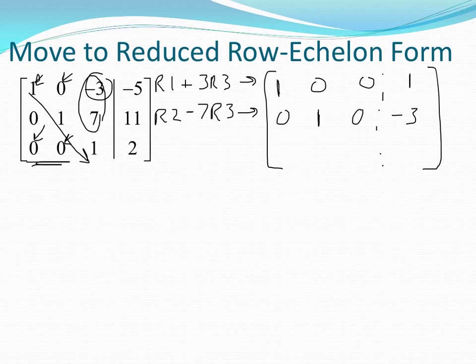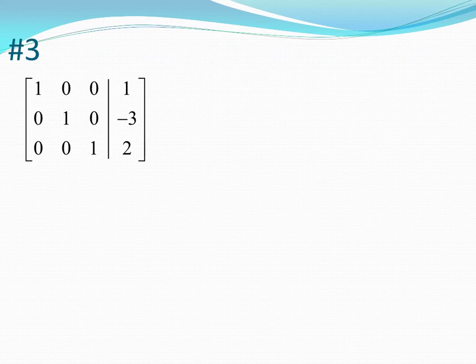The third row will remain the same, 0, 0, 1, and 2. Notice that our matrix is now in row echelon form. Given this matrix in row echelon form, go ahead and enter the values for x, y, and z into the third question in your Edmodo quiz.